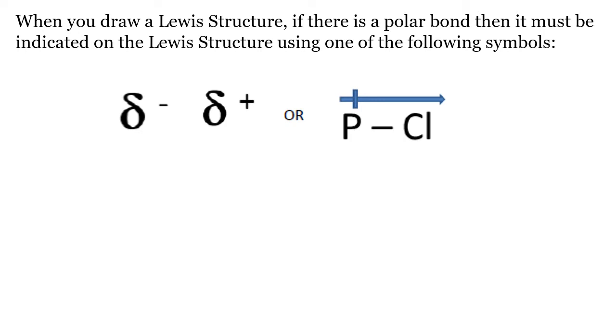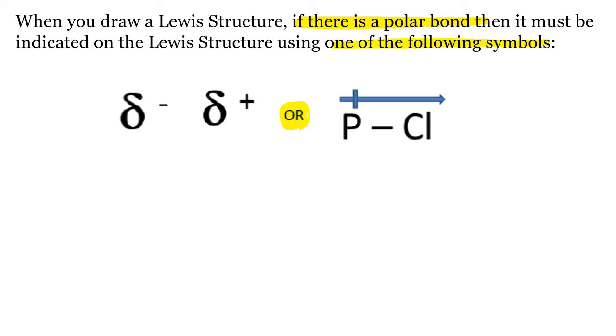So now that we've discussed that, you saw those symbols. From now on, when you draw a Lewis structure, if there is a polar bond, you have to draw one of these symbols on the Lewis structure. And there are two ways to represent that it's polar. Now this is only for polar bonds.